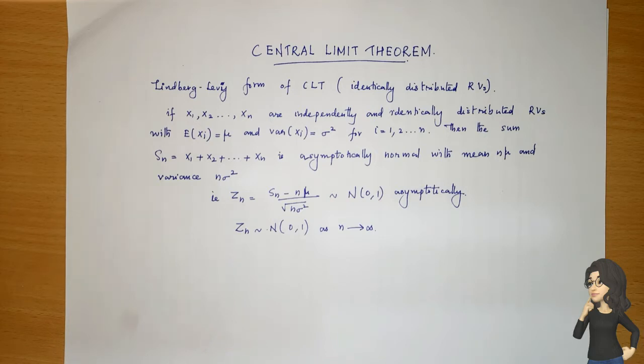Also, the mean and variance exist for all these variables x1, x2, etc. xn. Similarly, all the variables have the same mean and same variance. So these are the four assumptions when we talk about the Lindeberg-Levy central limit theorem.